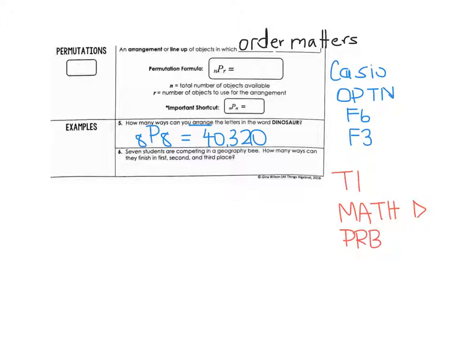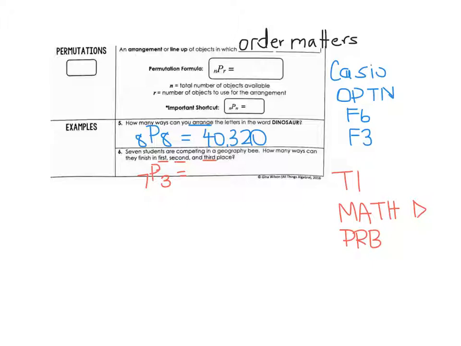Okay, and our second example. 7 students are competing in the geography bee. How many ways can they finish first, second, and third place? So order matters here because the same 2 students switching first and second place would be a different result. So we have 7 people total, and we're going to arrange them into first, second, and third place, so 3 positions.